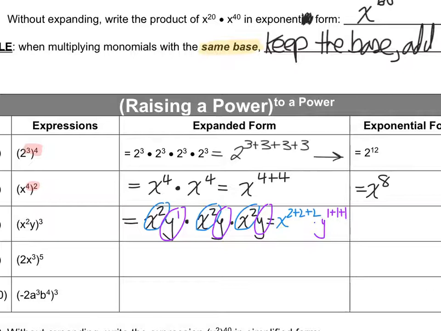There's an understood power of 1 for each of these y's. A standalone y is really y to the 1st power. So that's my license to say 1 plus 1 plus 1. So I'd be looking at x to the 6th power, y to the 3rd power.